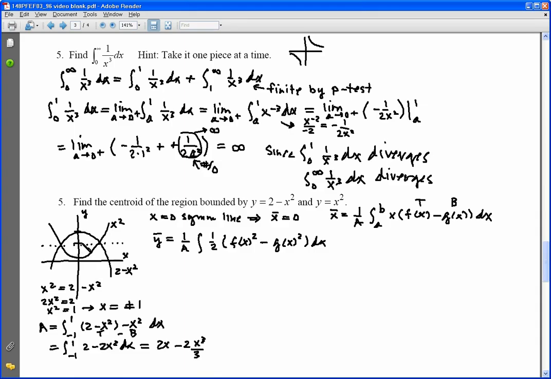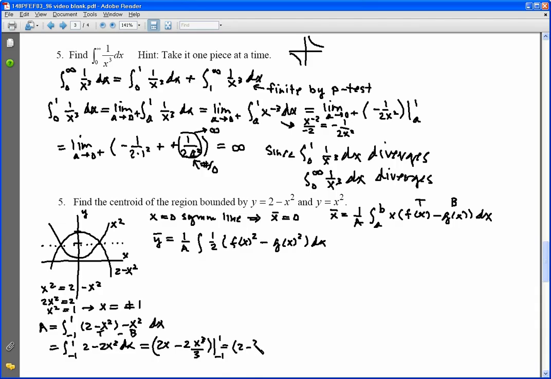And actually, well, -1 to 1, we could have used symmetry to find that area, couldn't we? Could have gone 0 to 1. That's okay. And we'll go -1 to 1 here. So if you plug in a 1, you get 2 minus 2/3.